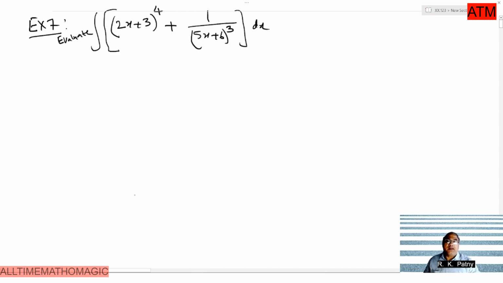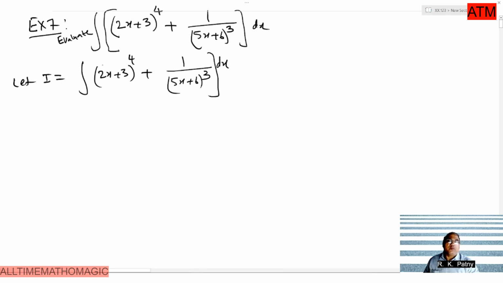Example 7. Evaluate the integration of (2x plus 3) raised to 4 plus 1 upon (5x plus 6) cube with respect to x. So first of all let I equal 1 upon (5x plus 6) whole raised to 3 with respect to x. Bracket is important. Now separating them.